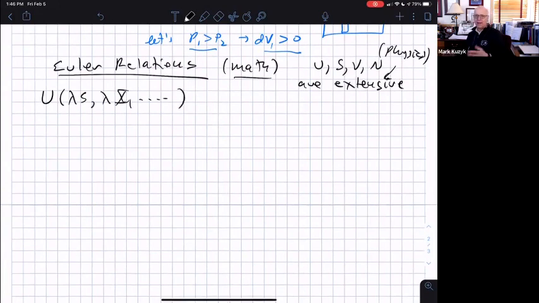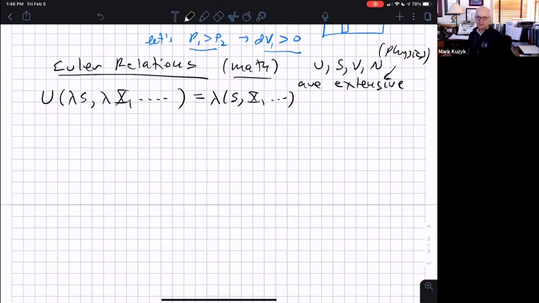So remember, in our previous time together on Wednesday, we defined this extensive parameter x, which could be volume and number of particles and whatever. So we're keeping it general. Because these are all extensive, we can write that as lambda times U of S, x1, dot, dot, dot.